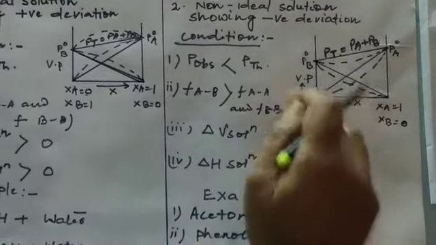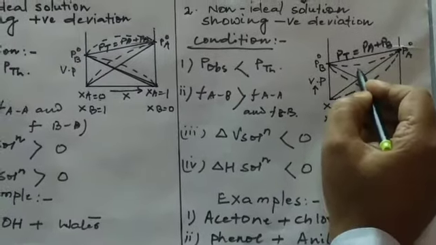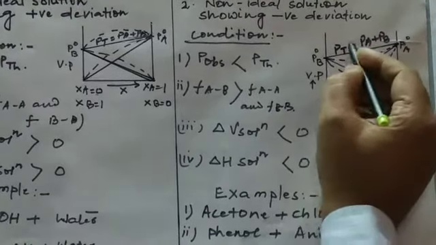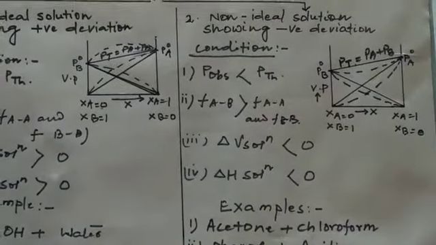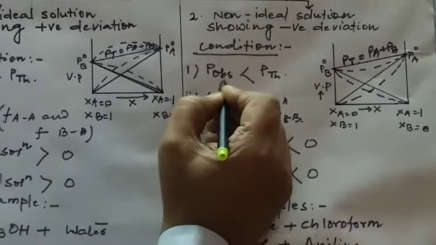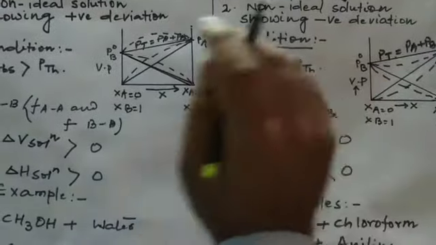What is obvious from this graph is that a non-ideal solution showing negative deviation has less P total than the ideal solution. So P observed for a non-ideal solution must be lower than the P theoretical.